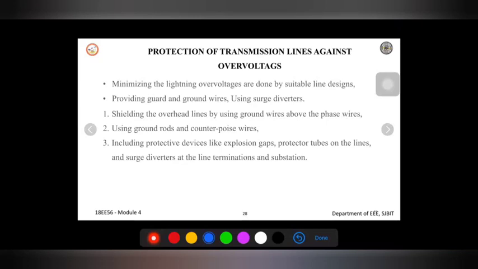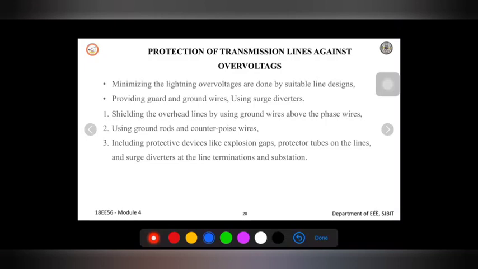So I need to protect our transmission lines against this overvoltage. The overvoltage may be caused by lightning, by switching surges, or anything else. I need to protect my power system. I can protect my transmission line against natural lightning or overvoltage by providing a suitable line design.